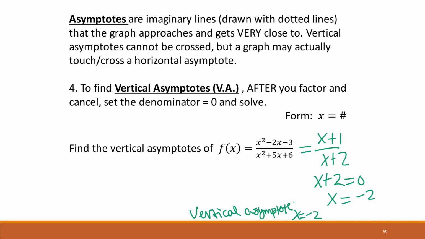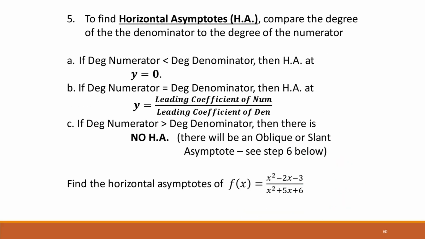Okay, so then the fifth step, we can find the horizontal asymptote or determine if there is not a horizontal asymptote. We do that by comparing the degree of the denominator and the numerator. On this problem that we've continued to work, the degrees here are the same.